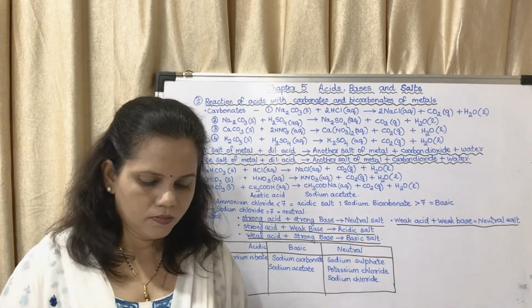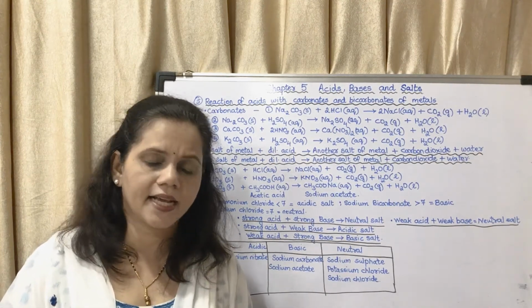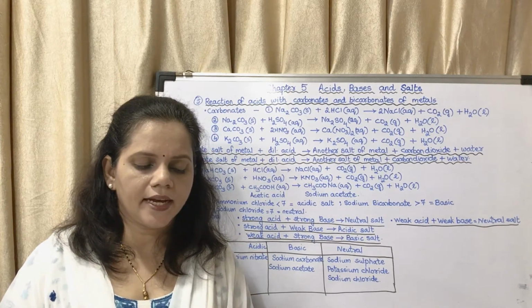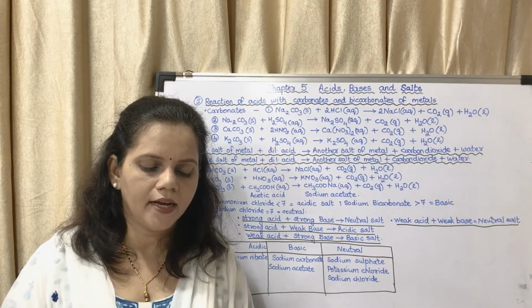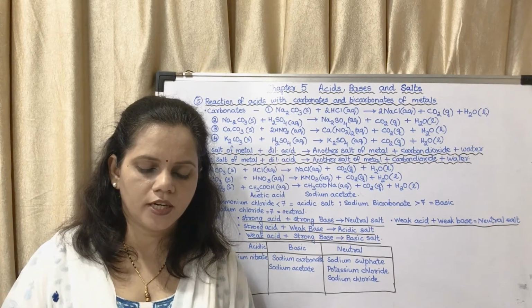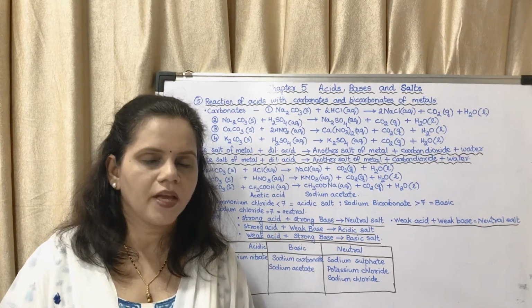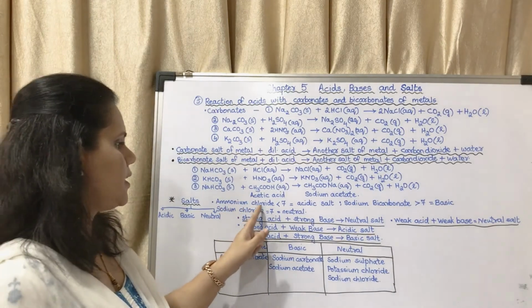Now on page number 68 there is a try this question below the heading salts. Prepare 10 ml aqueous solutions from 1 gram each of sodium chloride, ammonium chloride and sodium bicarbonate. You have to measure the pH of the solution and classify them. I have written the answer here.